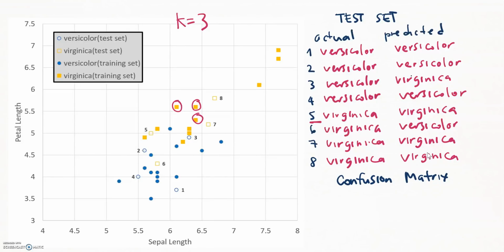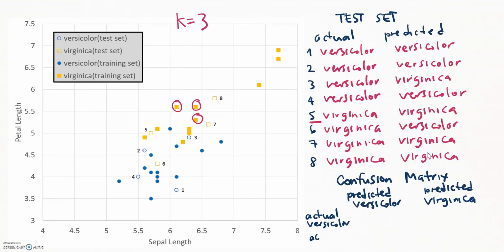It is actually a matrix, and let's set up the matrix. So it's predicted versicolor, predicted virginica, then actual versicolor, and actual virginica.